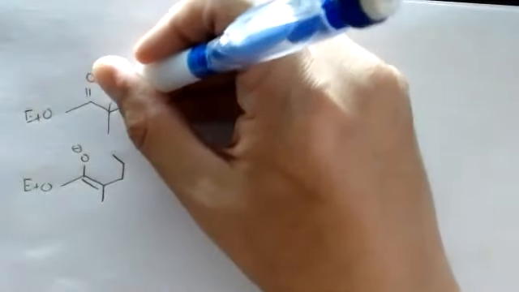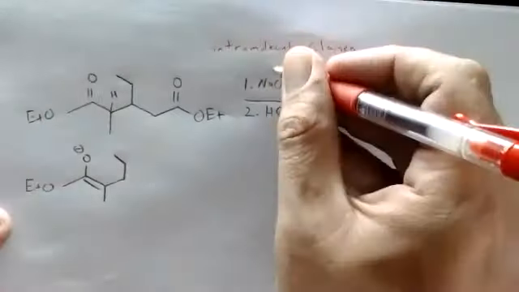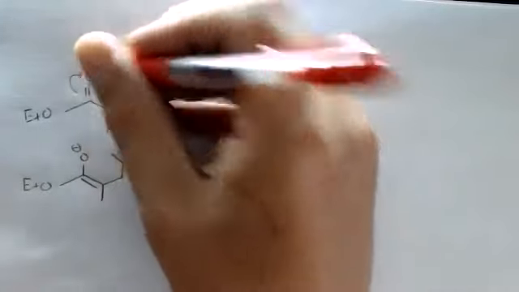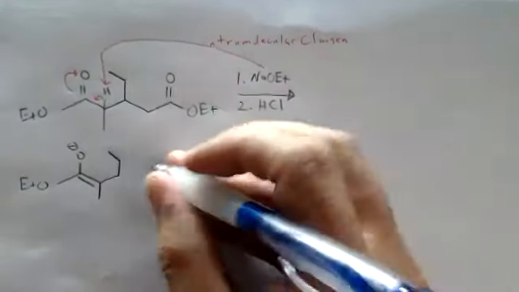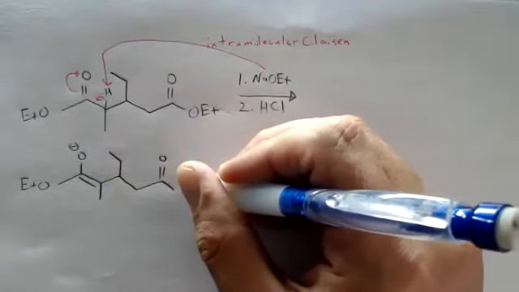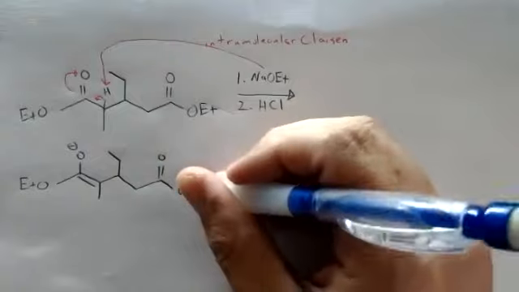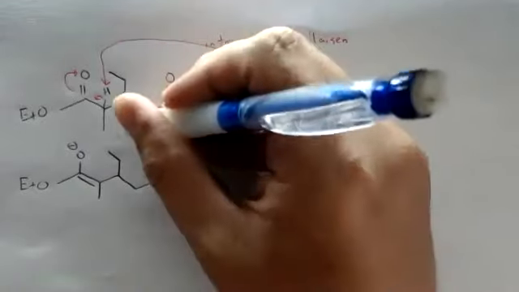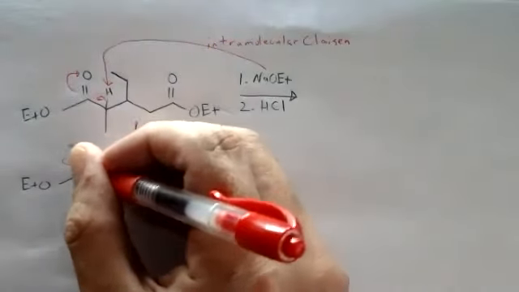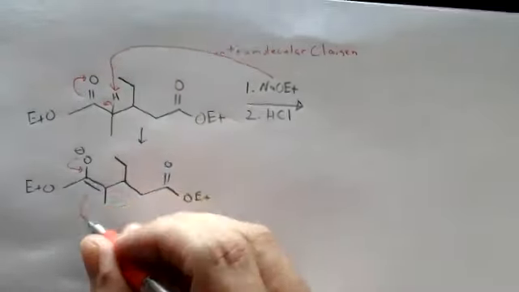I'm going to draw the arrows in right here. Deprotonate. And you pointed out it's going to make a four-membered ring, so this probably wouldn't work very well, but I want to do it anyway. So then intramolecular attack.